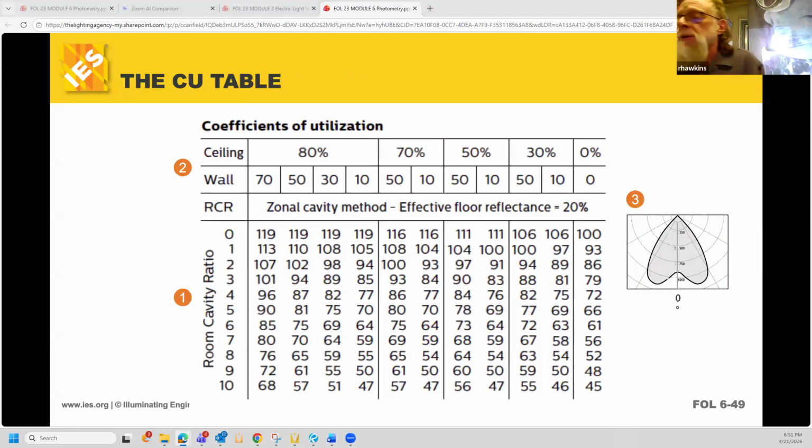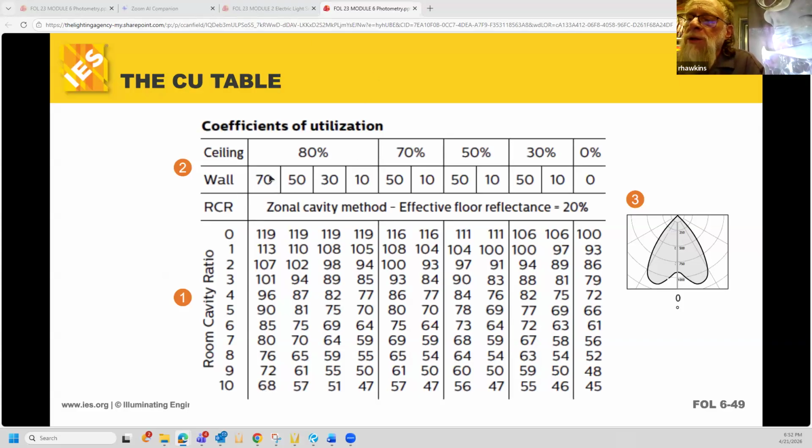And then when you come to the chart, you start at numbers that are high. As you climb that room cavity ratio number, notice they go lower and lower and lower. And that depends all on the fixture and its distribution and how it interacts with your space.